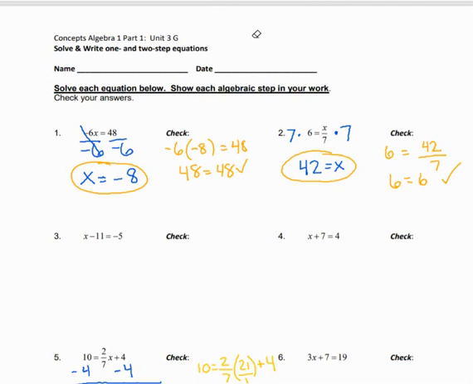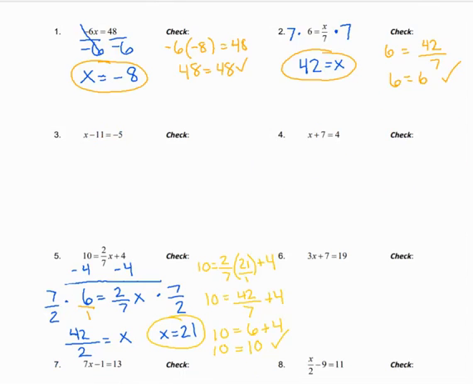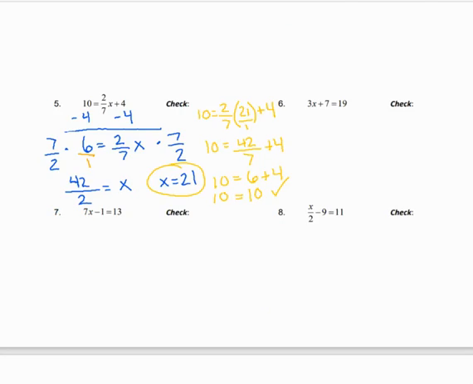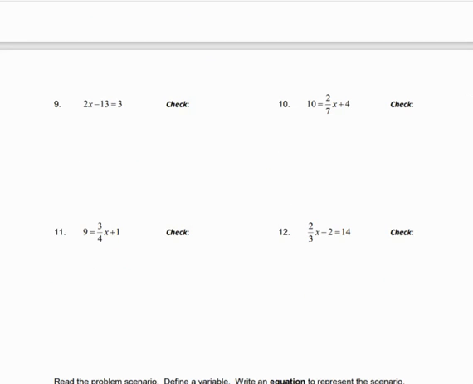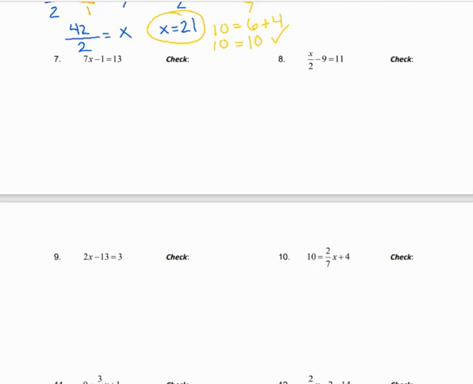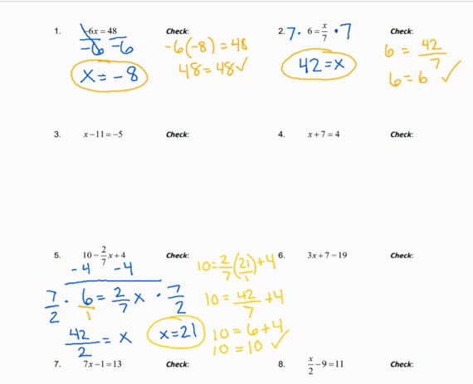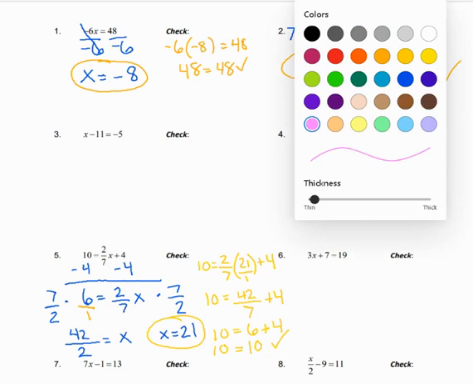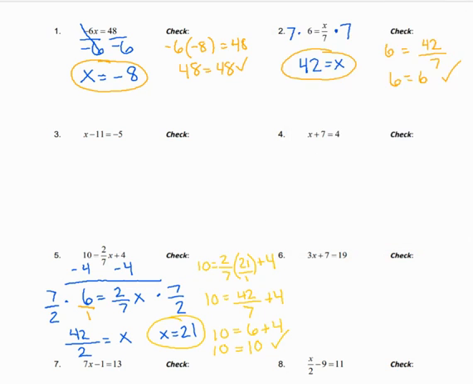Any other questions on any of the solving equations right now? Do any of them look a little intimidating that you want to do together? Alishka? 3. Okay. So if we look at 3, let's get a darker color. What operation is currently happening?